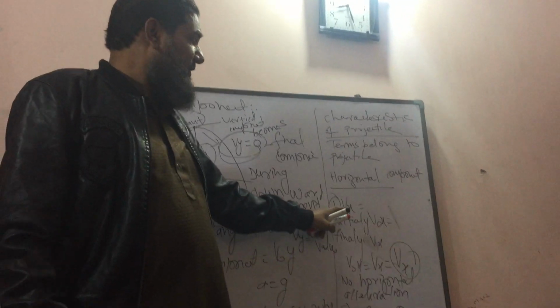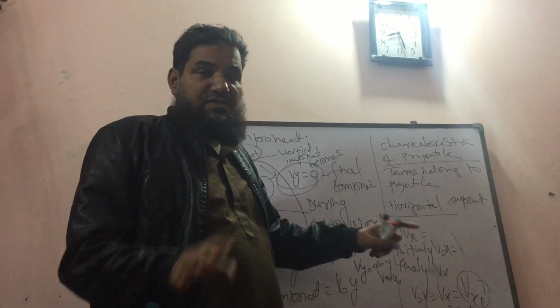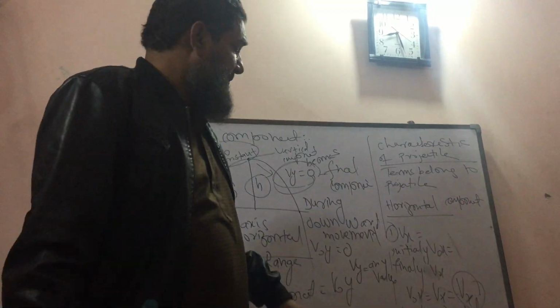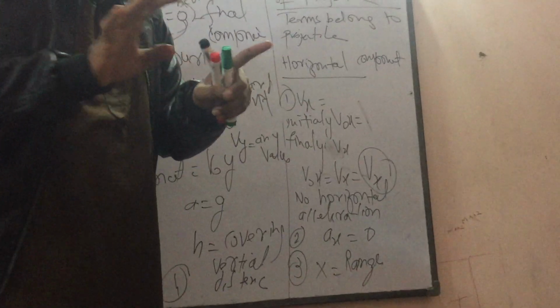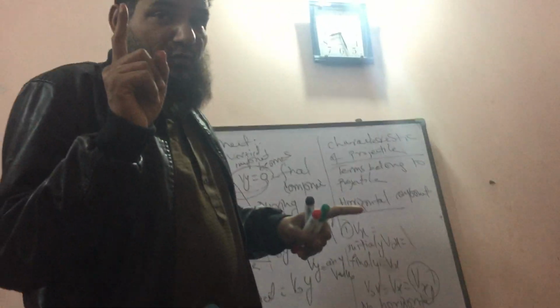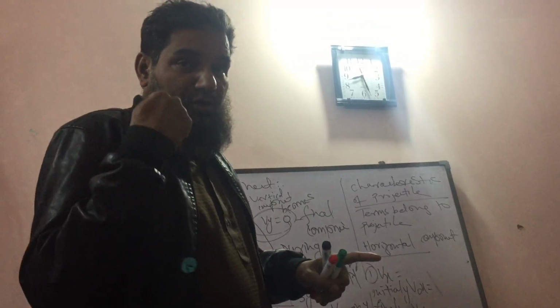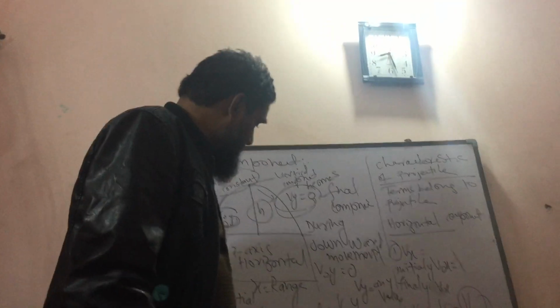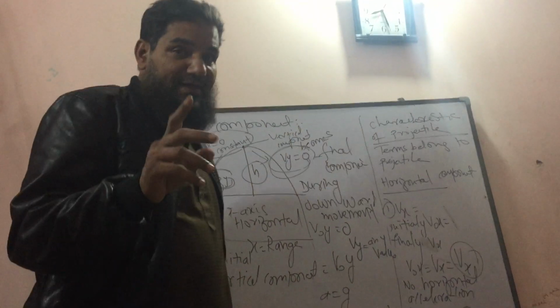The horizontal component Vx remains constant during the whole motion, and there is no horizontal acceleration when the object moves on a projectile path. The distance along the x-axis is called the range.